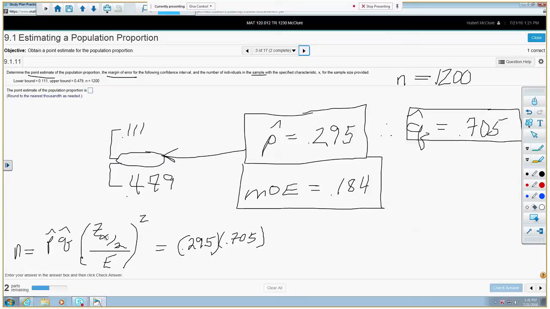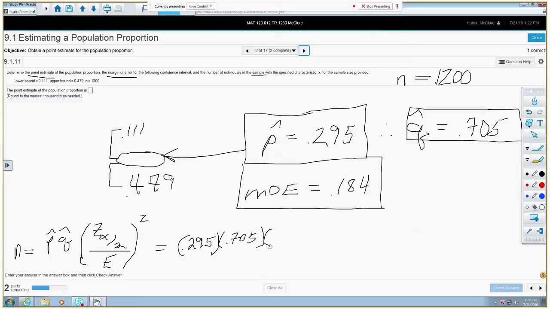Am I missing something? They didn't give us an alpha, so that must be the NPQ. How do I know they're not giving us an alpha? You don't see a percent anywhere. Do you see a 95% confidence interval, or level? So we might just have to do NPQ.